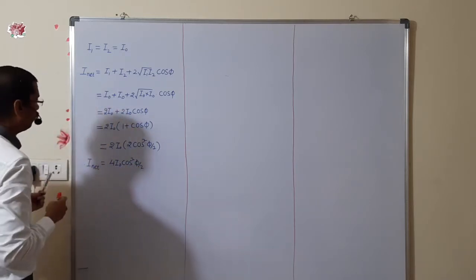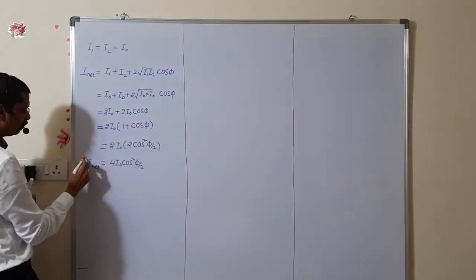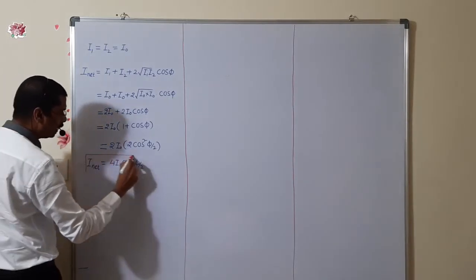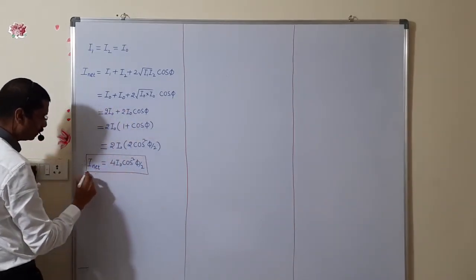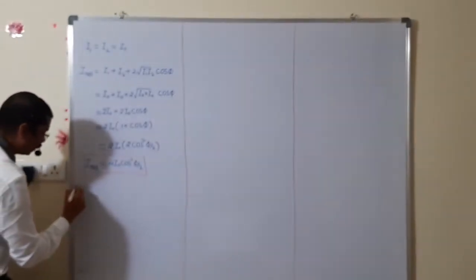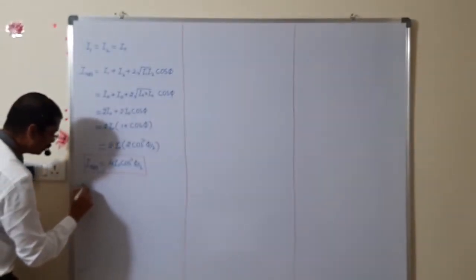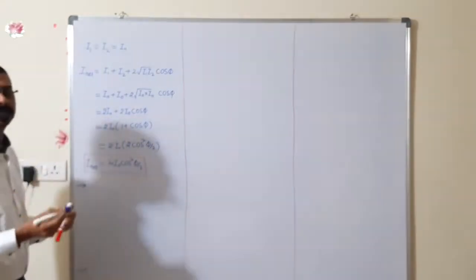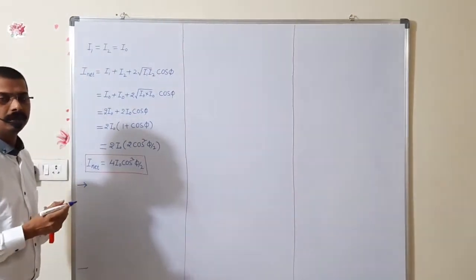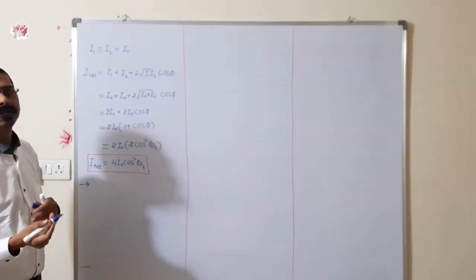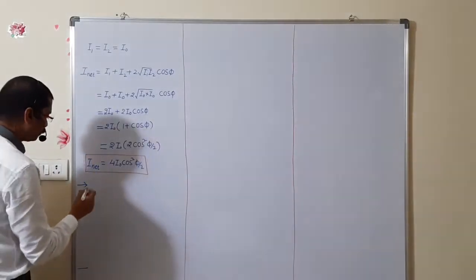Whenever the two individual intensities are identical, we can find the net intensity by using this formula. Likewise, we can find the maximum intensity, maximum amplitude, minimum intensity and minimum amplitude when the two waves are identical.